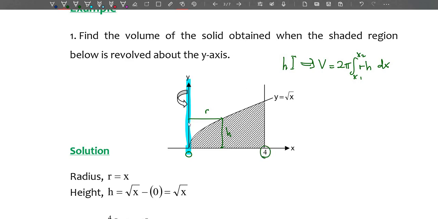Let us determine the radius and height. r is equal to x because the radius changes according to the difference in x. That means delta x. Let's say if we drag the line until here, this would be another radius and this would be the height. Let's say we call it here S1.